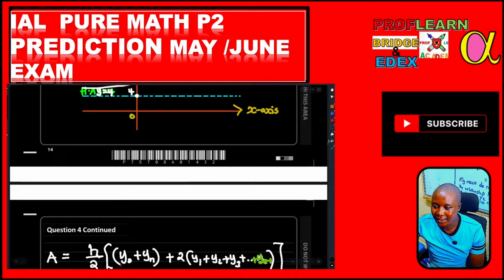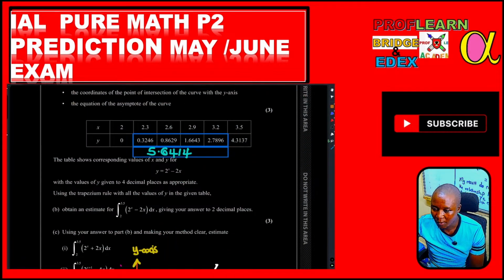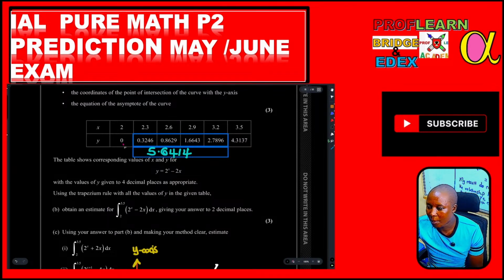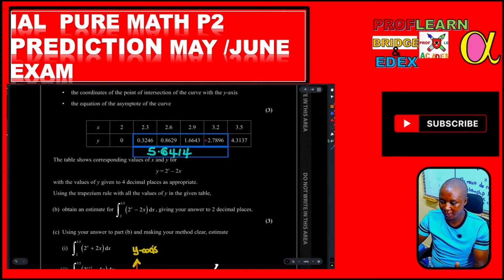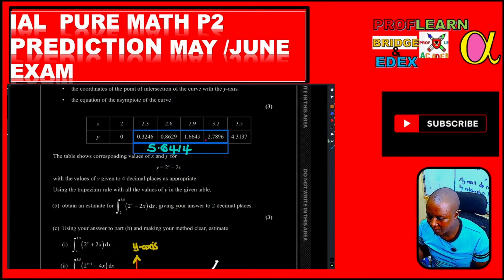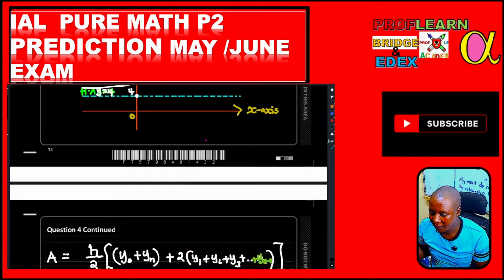I believe when you are going to open that paper of May-June exams, you'll not forget to see a question whereby you are supposed to use the trapezium rule in order to estimate the value of a given region. Trapezium rule: we are going to say h over 2, and h is the difference between the x values, times y0 plus y last, then plus 2 times the sum of the mid terms that we have here, then that is going to give us our answer for the trapezium rule.